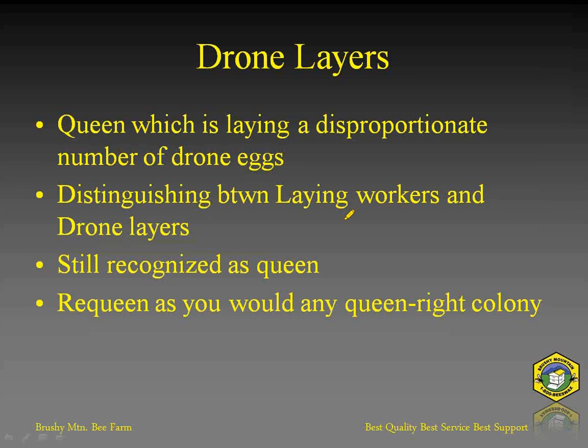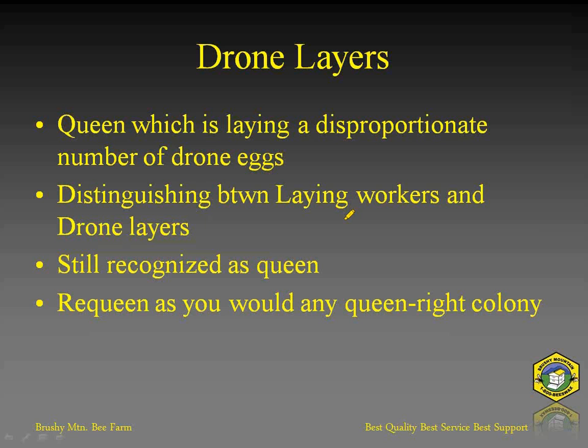Again, this queen would be recognized as a queen, so you would need to dispose of her. You couldn't just simply pop a new queen into this colony. You need to requeen this colony, because they see this colony as being queen right. They're not going to necessarily try and raise out a new one. They may not even have appropriate age larvae to try and raise out a new one.